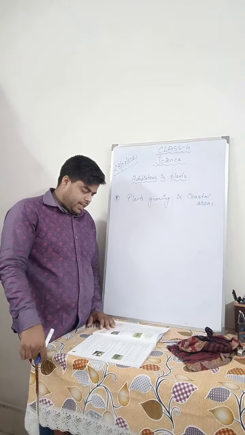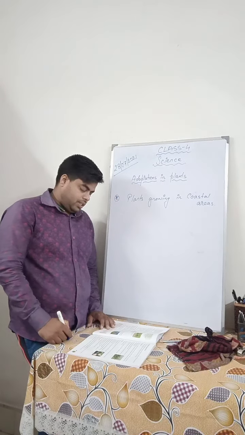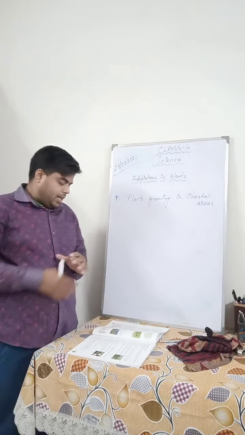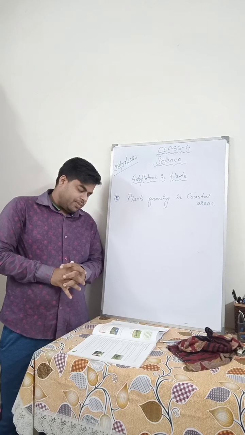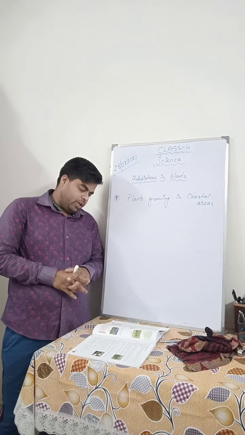Trees that grow in these areas show the following adaptations. What are the adaptations that you can see in the trees which grow in coastal areas? Let us see. The plants that grow in coastal areas can tolerate the presence of saline soil and withstand strong blowing wind.